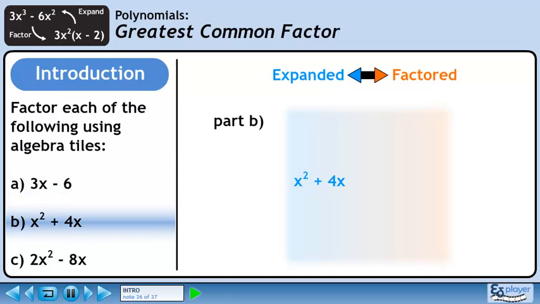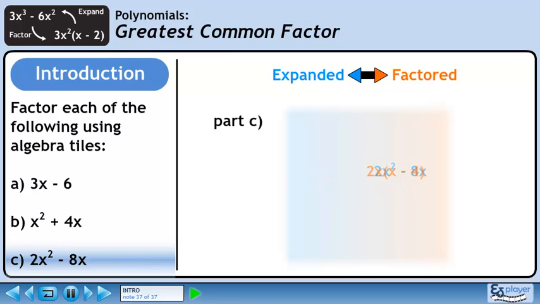In part B, x squared plus 4x is the expanded form, and x times x plus 4 is the factored form. In part C, the expanded form is 2x squared minus 8x, and the factored form is 2x times x minus 4.